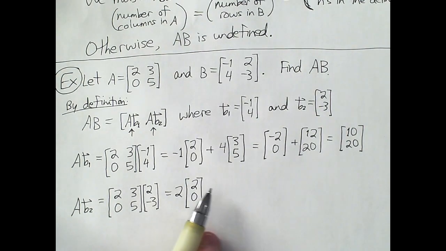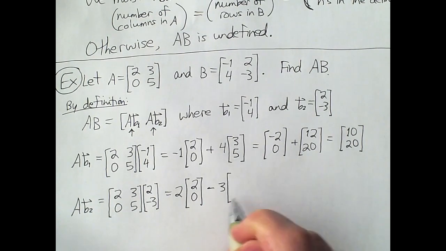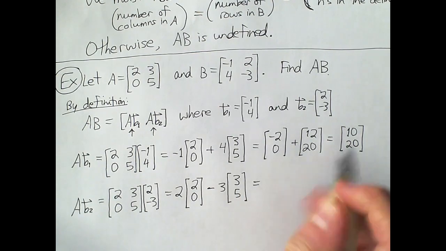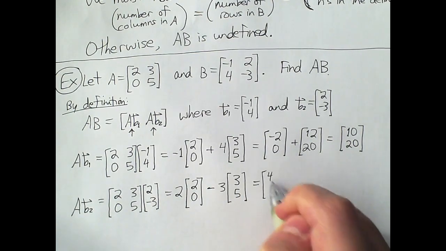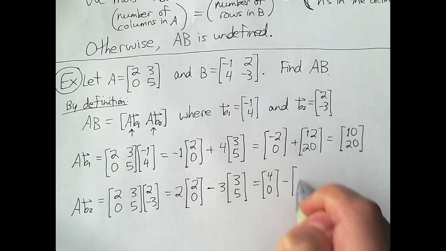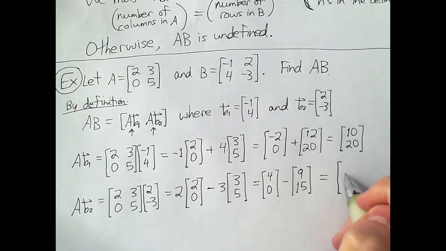Instead of writing plus -3, I'm just going to write -3. Let's just do that. Plus -3. All right, and then this is going to be 4, 0. I think we can just say -9, 15. And we wind up with 4 minus 9 is -5. 0 minus 15 is -15.